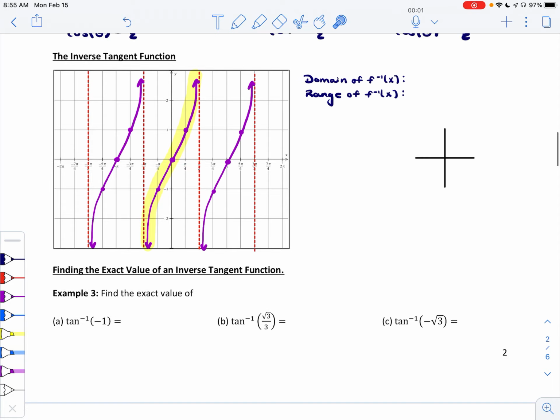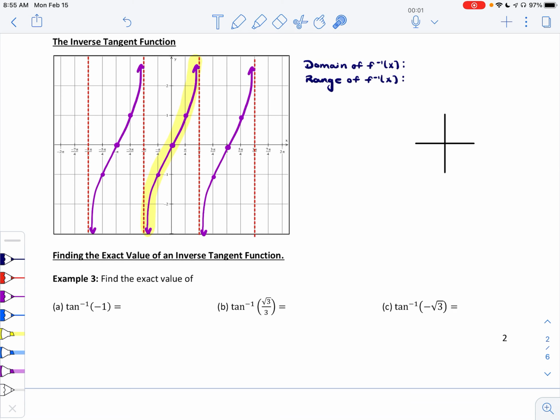So we're limiting the domain of the tangent function to negative pi over 2 to positive pi over 2, which means that becomes the range of our inverse tangent function.